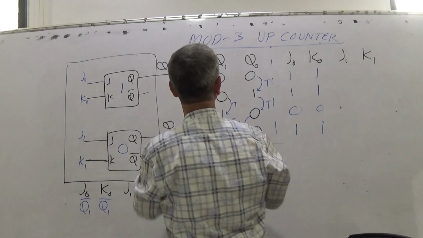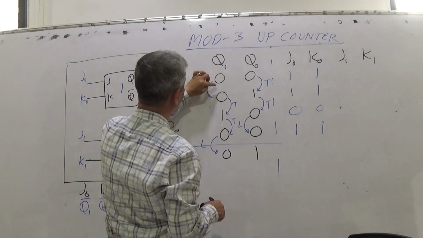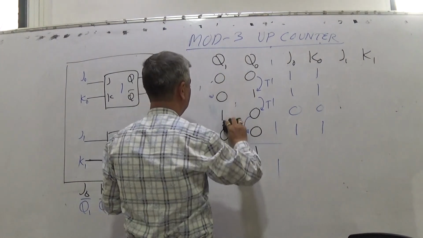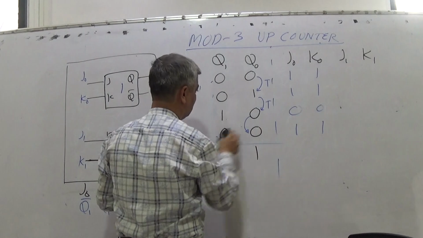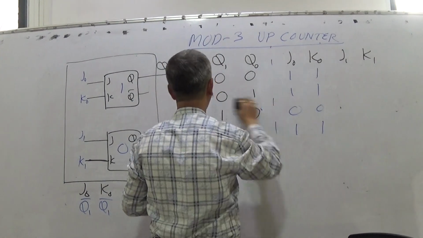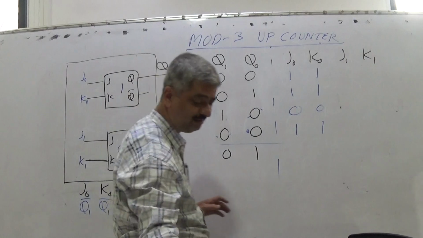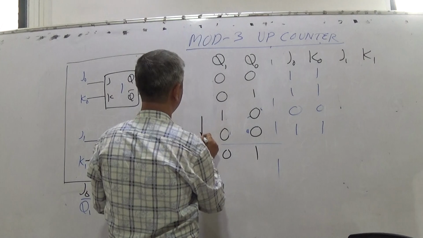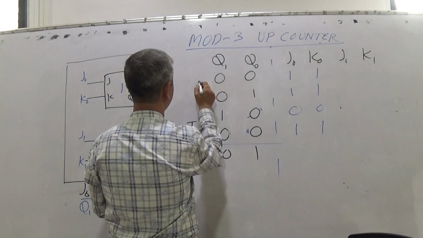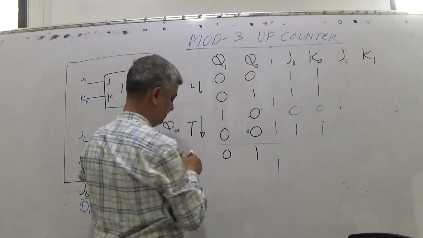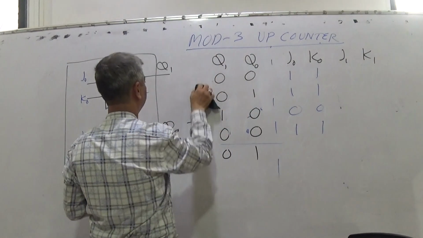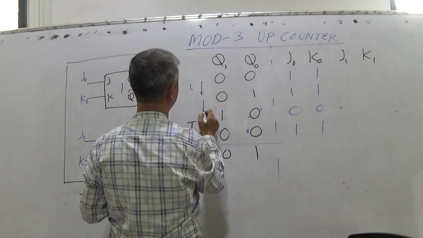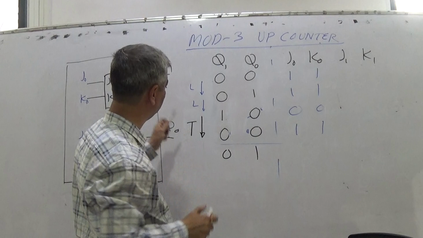So you need not say that toggling is here or last state is here. What I can see is that I will look when there is toggling of Q1. Toggling of Q1 is there only once, and otherwise it is last state. I will draw it with different colors. So twice last state, once toggle.